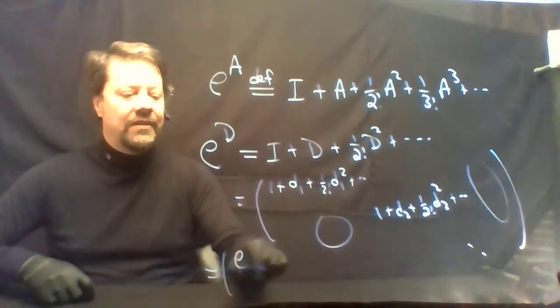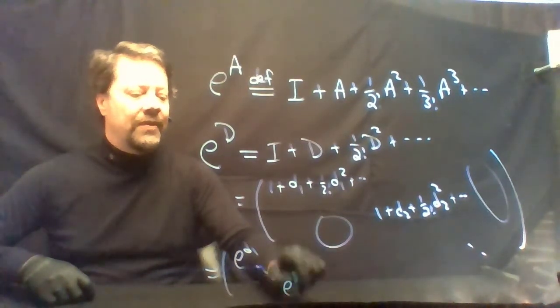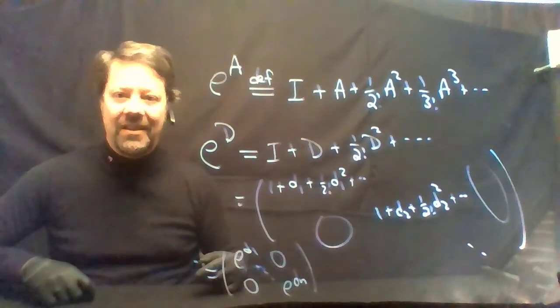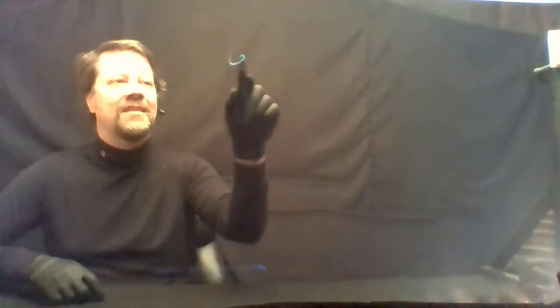This gives you e to the D1 through e to the Dn, zeros everywhere, by the usual Maclaurin series. If the matrix A is not diagonal, exponentiating the matrix becomes a lot harder, unless the matrix is diagonalizable.